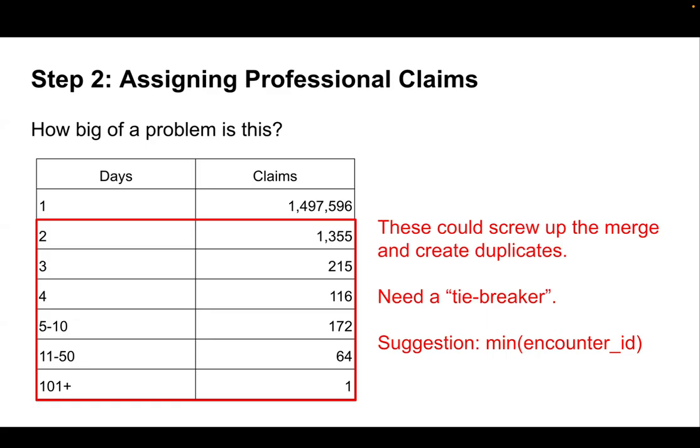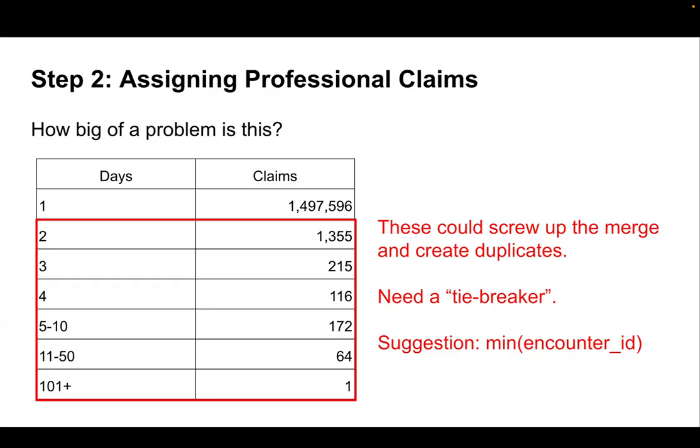Now, what I propose here is keep it simple. These claims are less than 0.01% of the total amount of claims. Could we develop a robust voting algorithm that says, oh, which encounter does it overlap more with, or something like that?